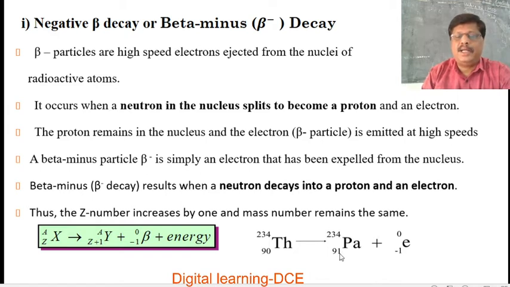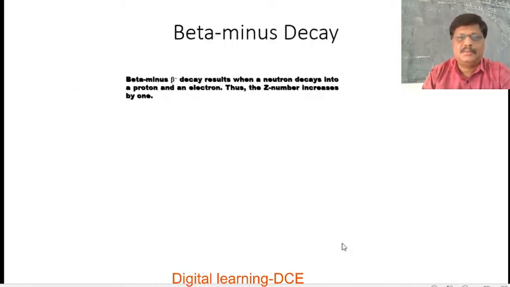Its atomic number increases by 1 and mass number remains the same, and this minus 1 is the atomic number of the electron. It has a negative charge, so minus 1 plus 91 becomes 90. In a nuclear reaction, atomic number and mass number are conserved.